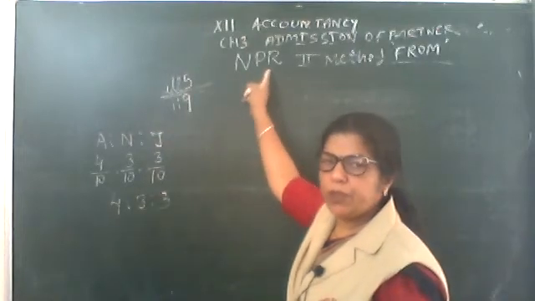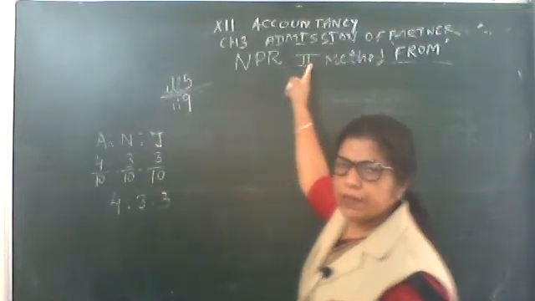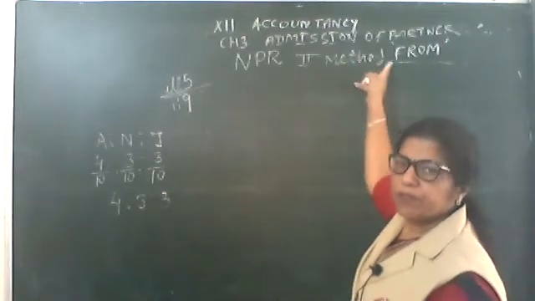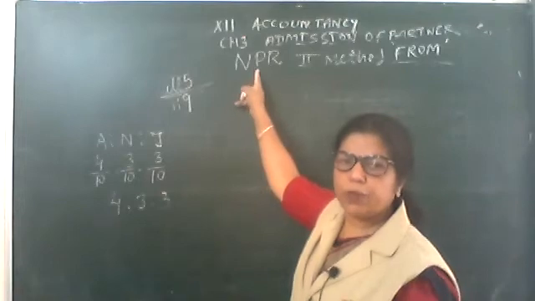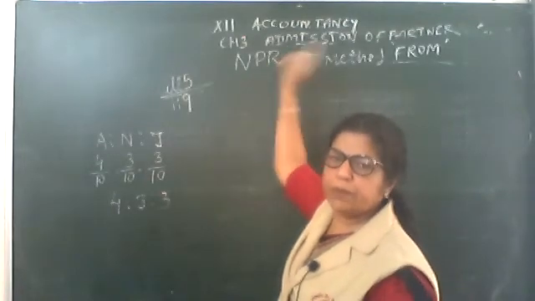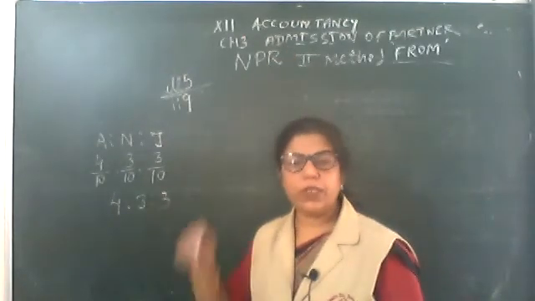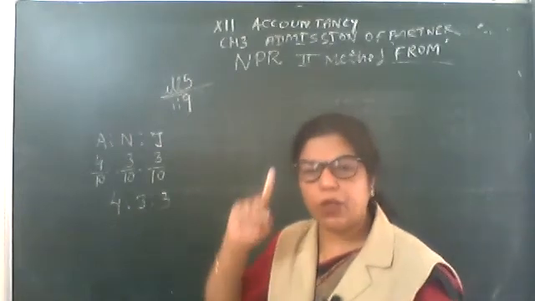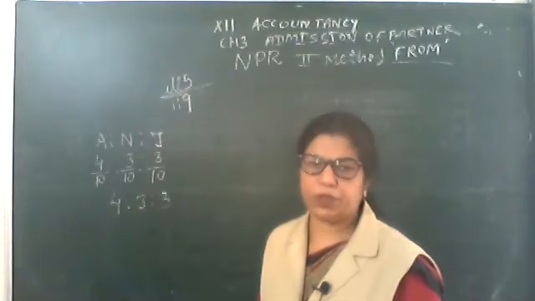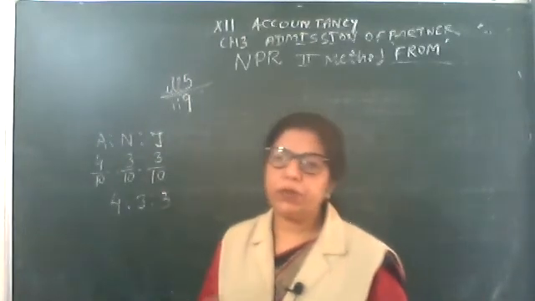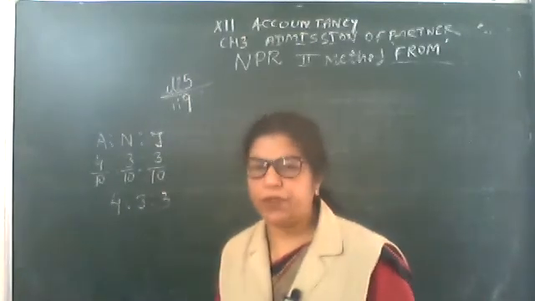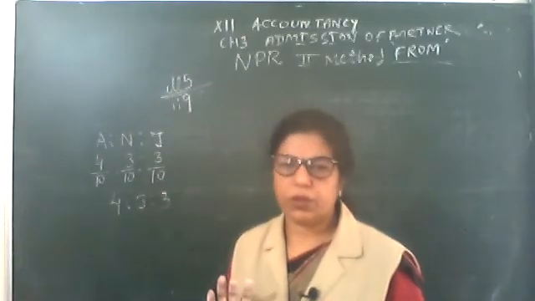Calculation of new profit ratio, second method. It is necessary to calculate the new profit ratio at the time of admission, because the new incoming partner will also share the future profits. So now I am explaining when only a few partners sacrifice and others don't.